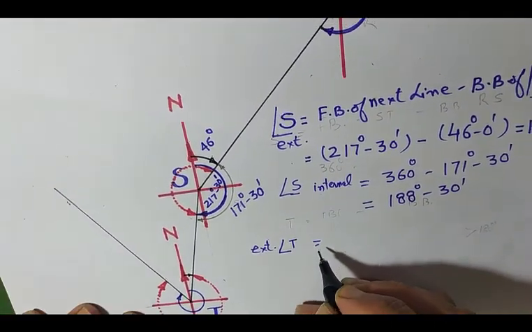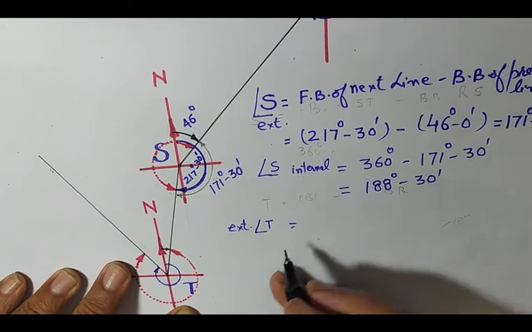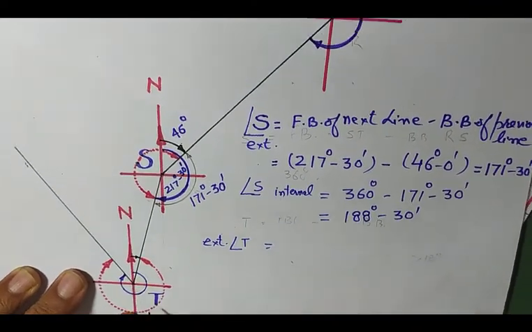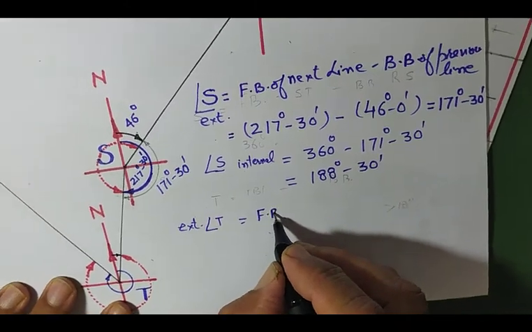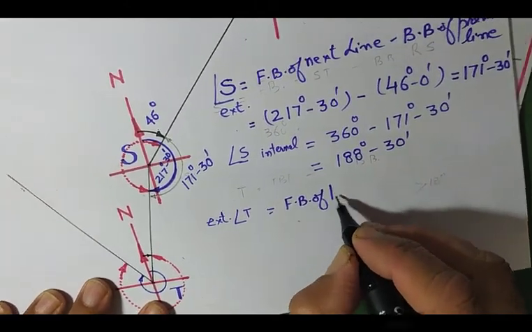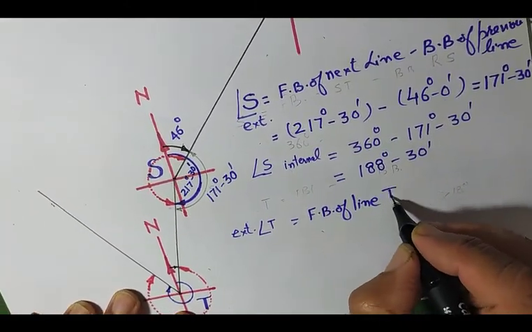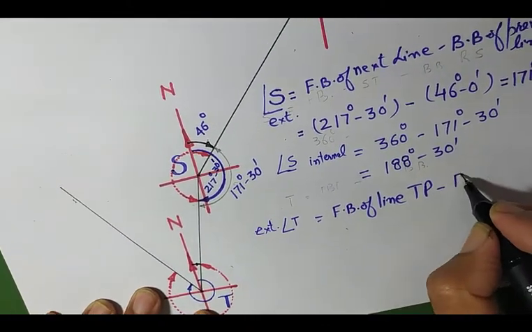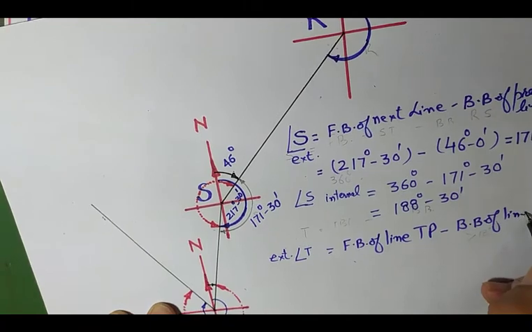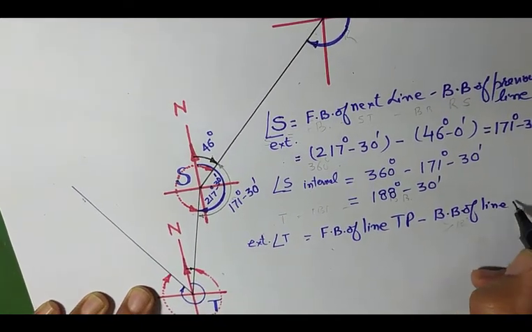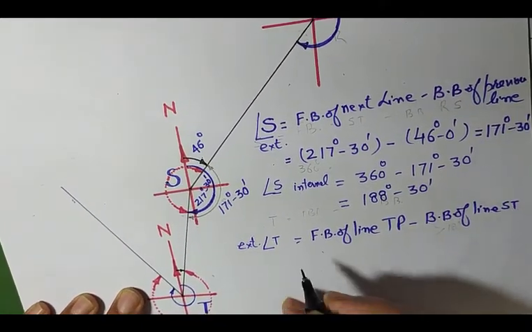Here again the formula is the same. Forward bearing of next line, that means forward bearing of line TP, minus back bearing of line ST, because it is an external angle.